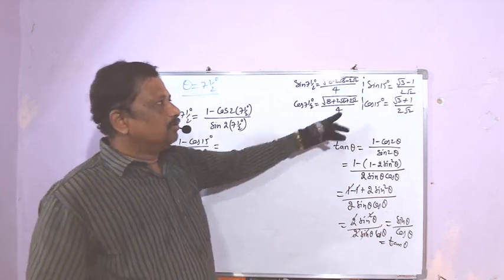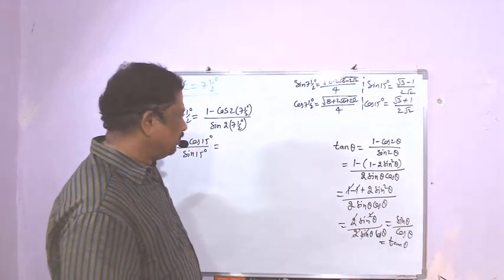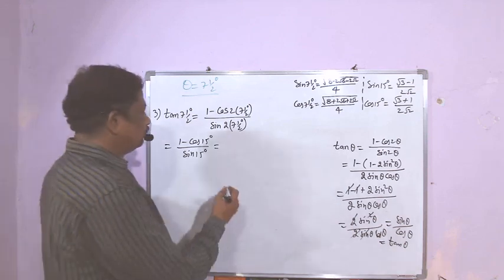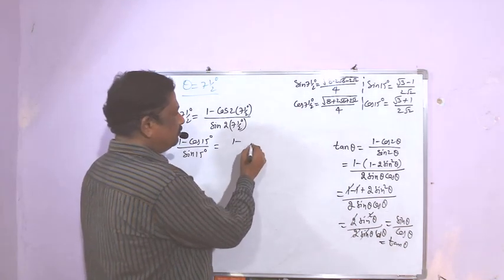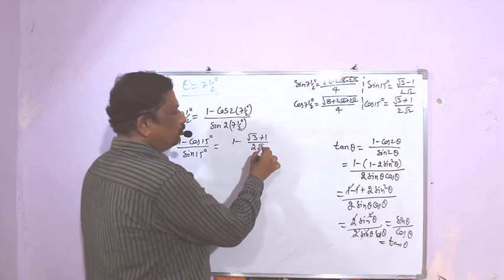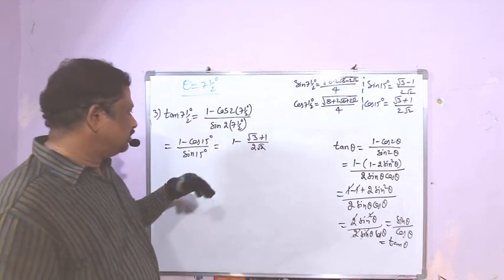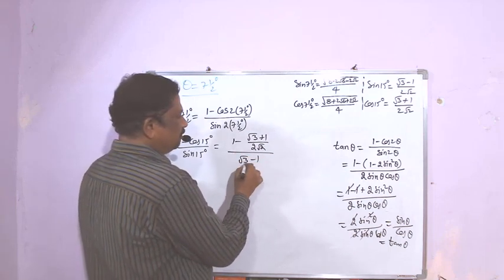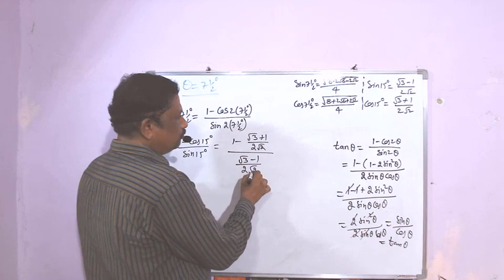We already know sin 15 and cos 15 degrees values. Substitute those values. If we substitute, what do we get? 1 minus cos 15, root 3 plus 1 by 2 root 2. Next is sin 15, root 3 minus 1 by 2 root 2.